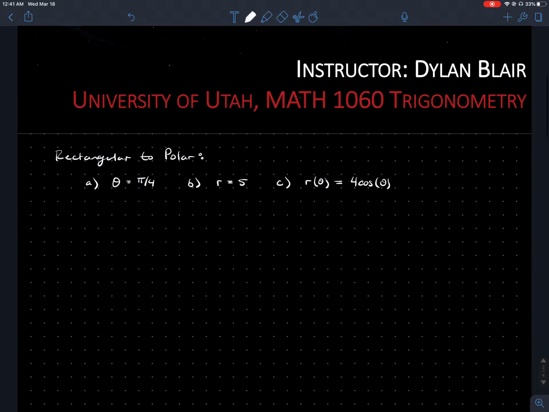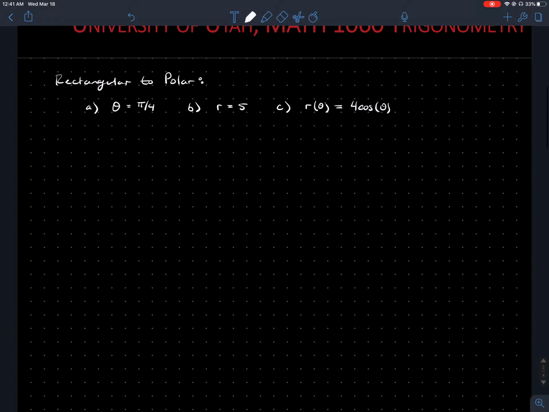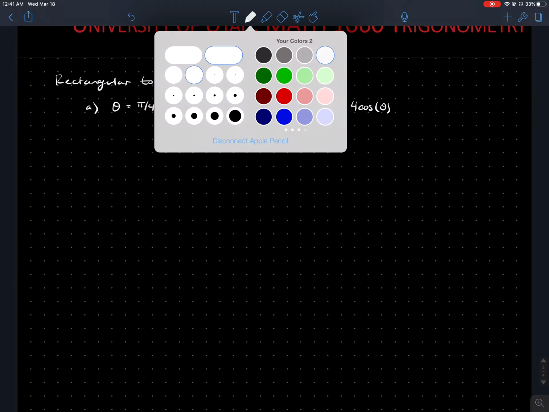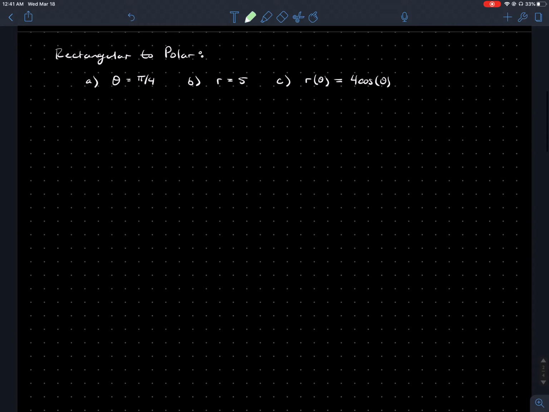So first, let's go through 3 examples for converting rectangular to polar equations. So the first one, actually the first 2, there's 2 ways that we can think about it. The first way is we can just plot it out.